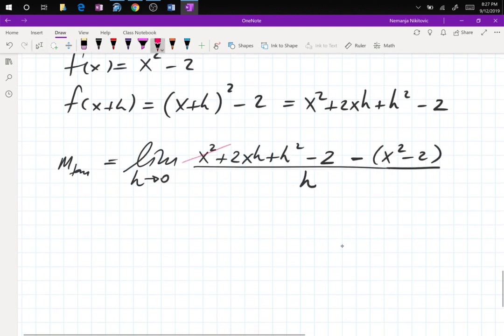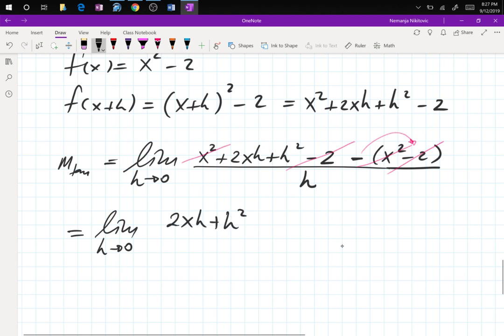X squared minus x squared cancels. Negative 2 and positive 2 cancel. And that's a positive 2 because this negative distributes inside. So what you are left with is the limit h goes to 0 of 2xh plus h squared divided by h.